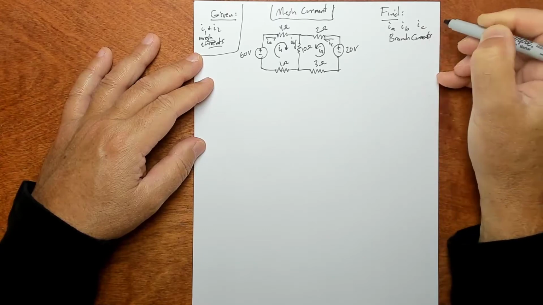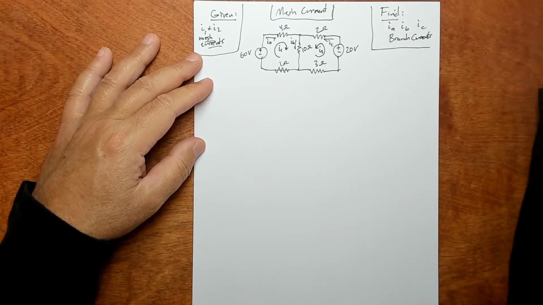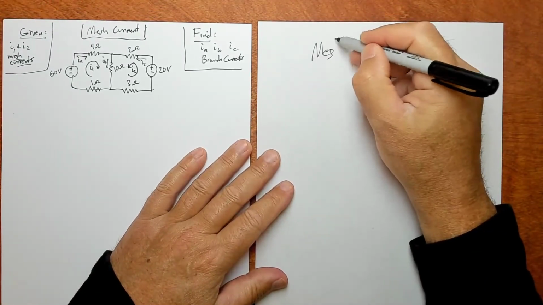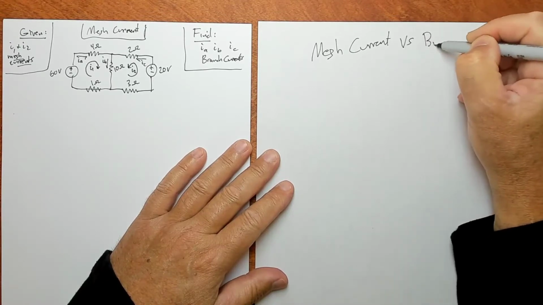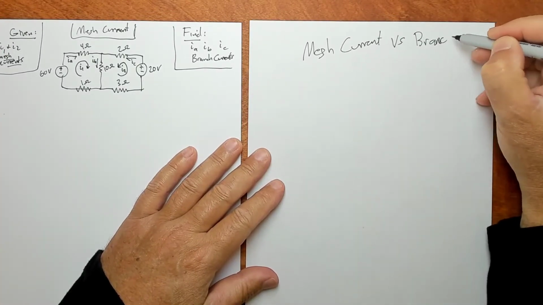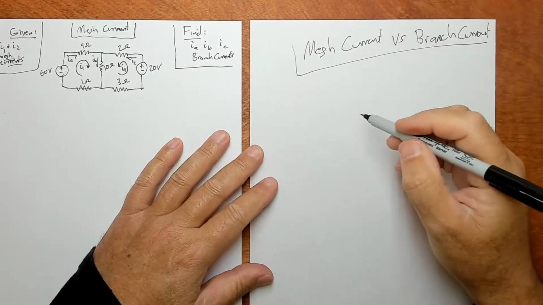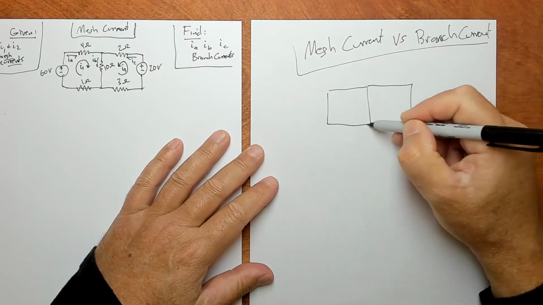So there's a difference between mesh currents and branch currents, and that's the superposition thing. So let's talk about that a little bit more. So basically we've got mesh current versus branch current, and who wins. So let's say you had this deal here.